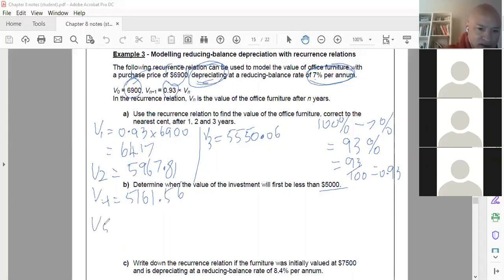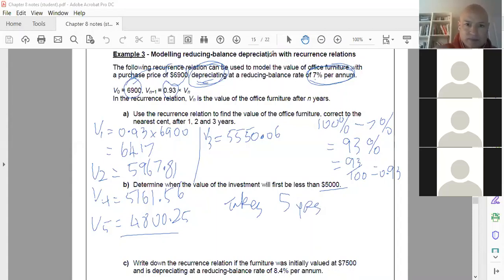V of 5 equals 4,800.25. That is below. So how long does it take? It takes 5 years to be below $5,000. Any questions on that one? Okay, I'll let you guys copy that down.